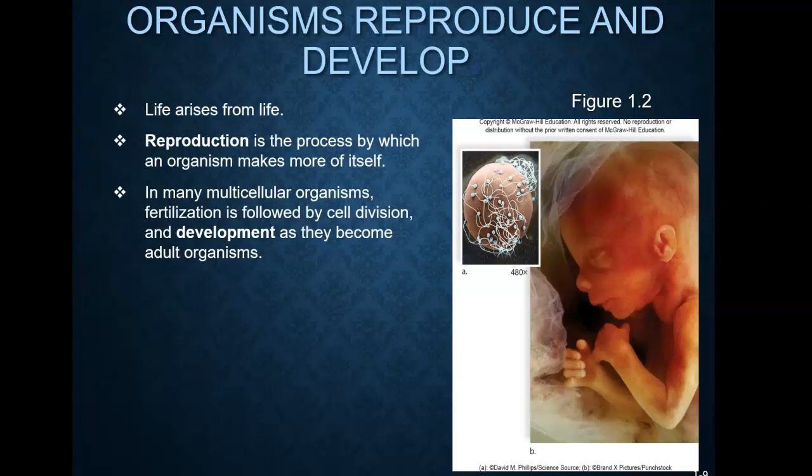Remember, you start out with one cell where the egg and the sperm's nucleus have fused together, and after a series of divisions of that cell, you end up with a morula and a blastocyst that implants in the uterine wall.